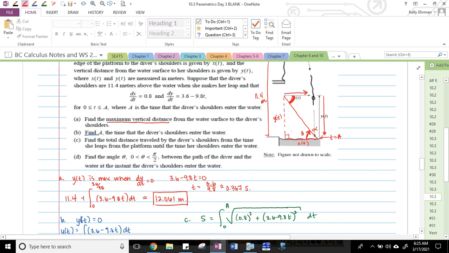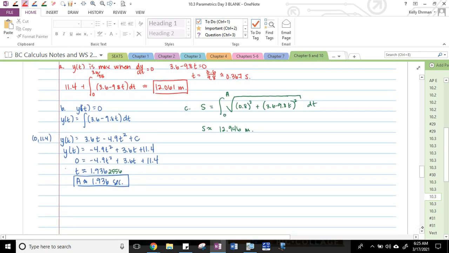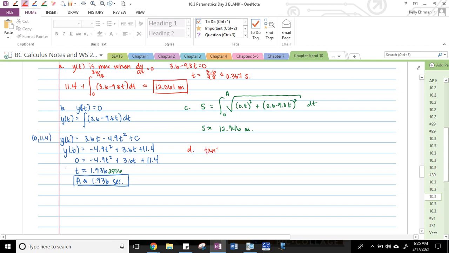Okay, so I'm going to go based off of that. What equation can I set up that involves alpha, y of t, and x of t? I can set up tangent. So tangent of theta. Now, it's not y of t and x of t, because those are changing. So it's really the rate of change: how is x of t changing and how is y of t changing?